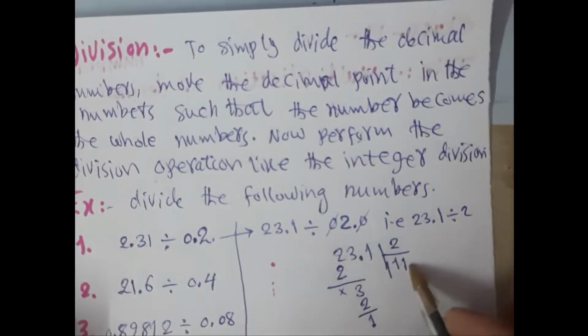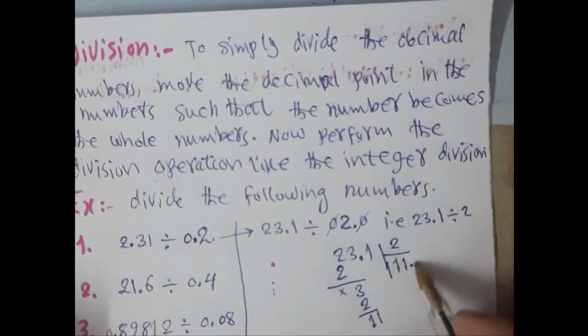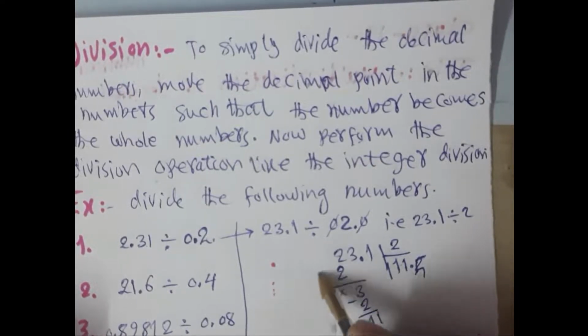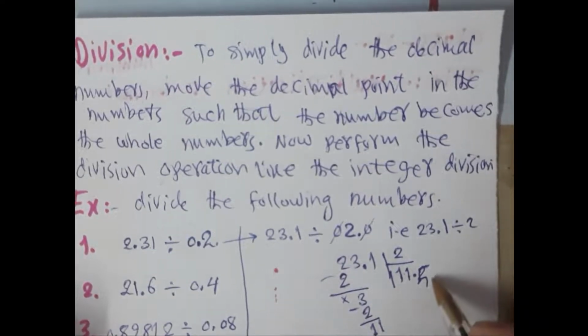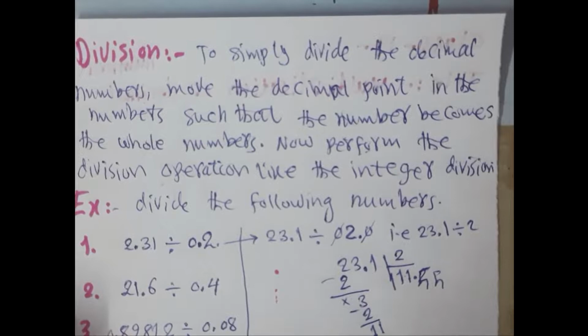We carried the decimal point here in the quotient, so we bring 1. 11 divided by 2, 5 times. 5 multiplied by 2, 10. Here we have 1. Also we put 0. 10 divided by 2, 5. 5 times 2, 10. Here there is no remainder.